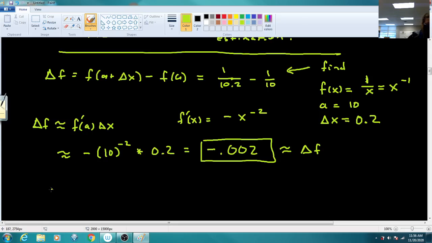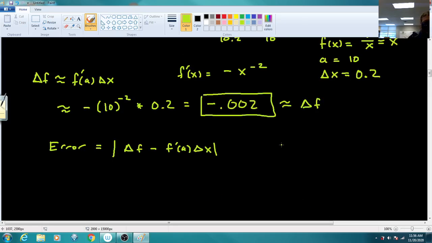So to figure out how accurate the estimate is, we're going to calculate the error. The error in this situation is going to equal the actual delta f value minus the f prime of a delta x, the approximation. So it'll be the actual value minus the approximation. The actual value, when I type that in, will be 1 over 10.2 minus 1 over 10.